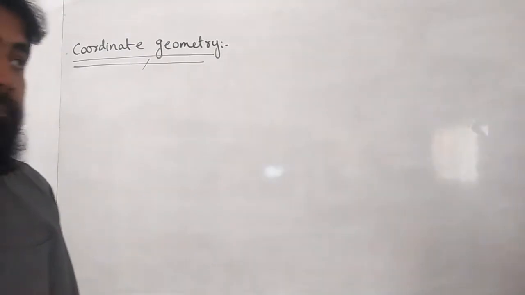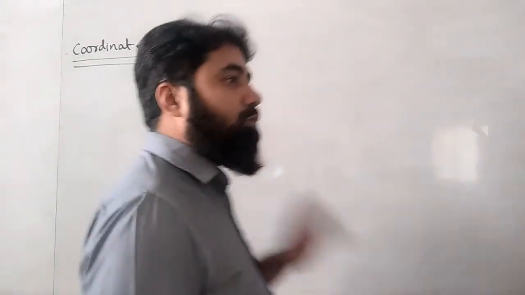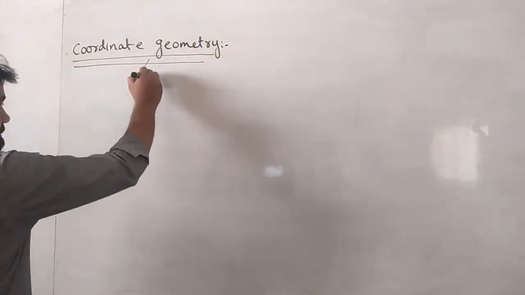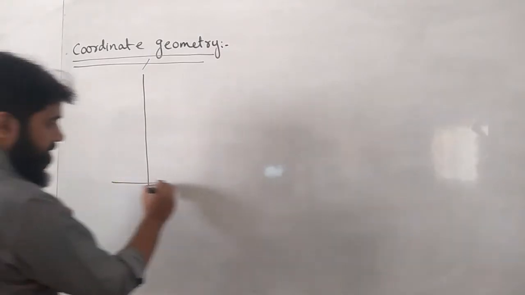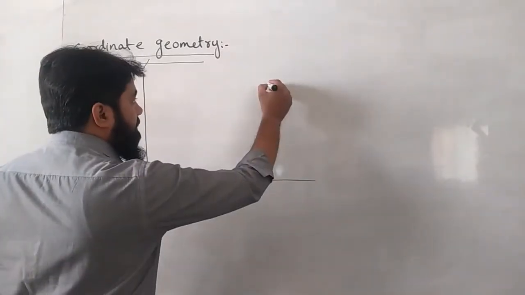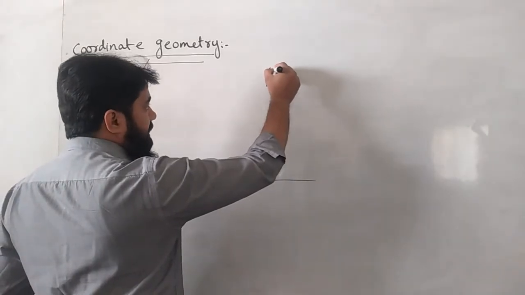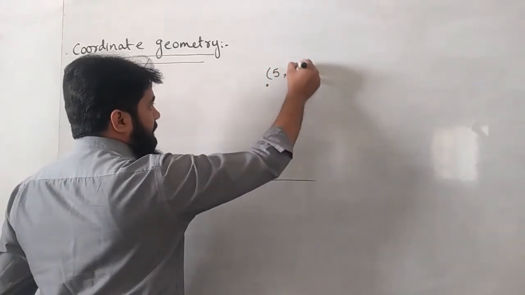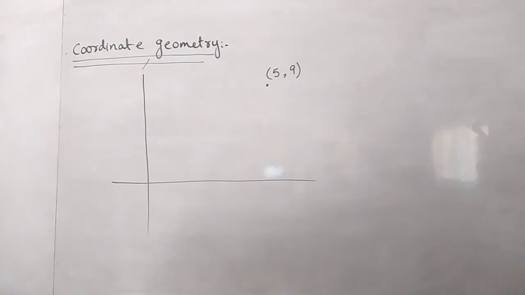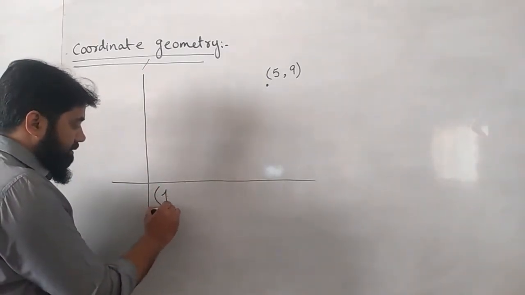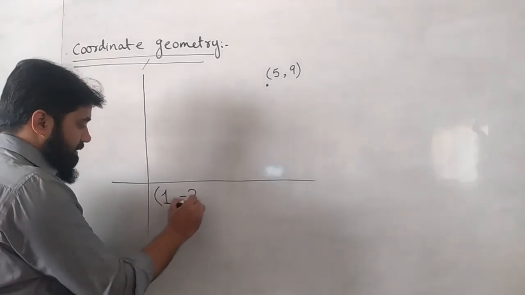Now, for instance, if two coordinates are given to me, maybe on a graph, this coordinate is 5, 9 and this one is 1, -2.